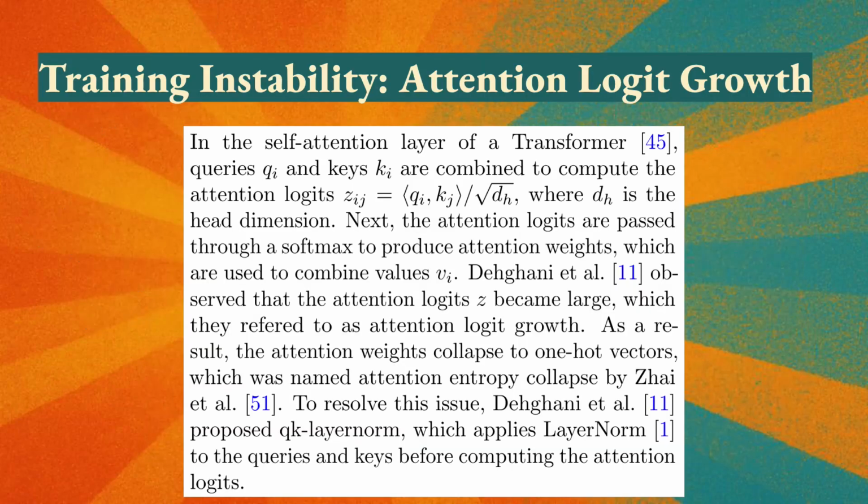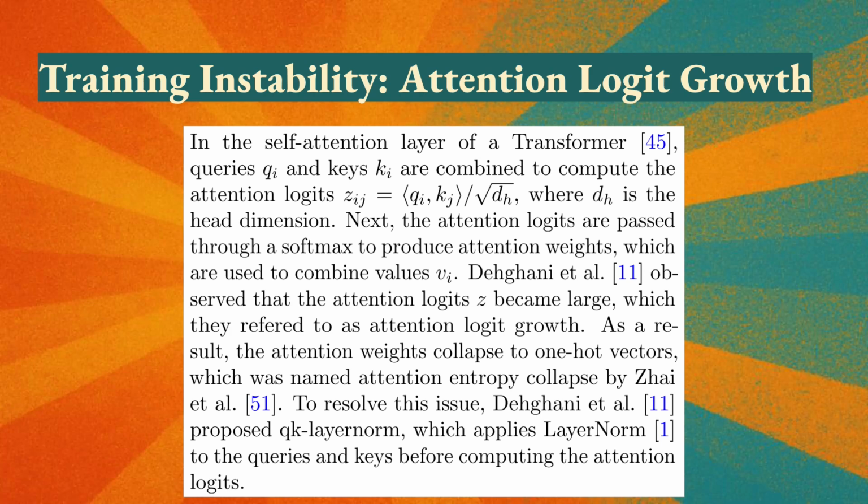So the first training instability, the first of the 2 main ones, is attention logit growth. In the self-attention layer, the queries and keys are combined to compute the attention logits, z, where we take the dot product and divide by the square root of the head dimension. Then we pass that through a softmax to produce the attention weights, which are then used to combine the values, v, using matrix multiplication.